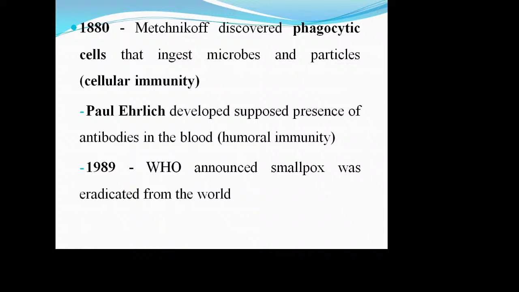So it was seen that smallpox was eradicated. Sure, today we can find some sporadic cases of smallpox in some regions of Africa and some very poor regions, but mostly this disease was eradicated.